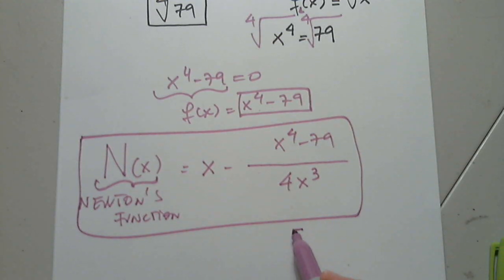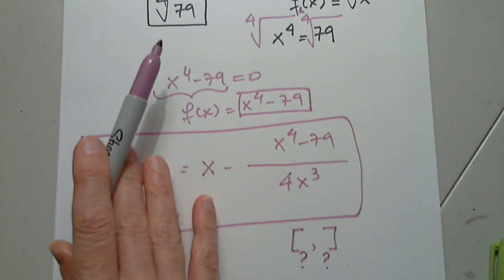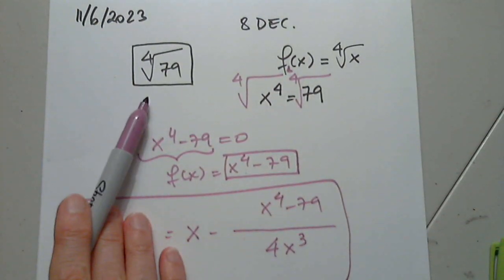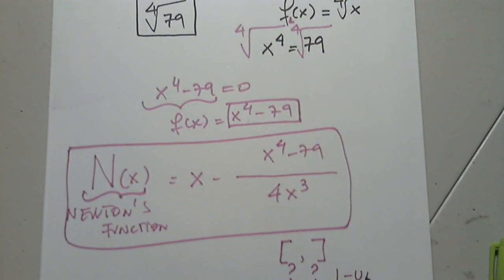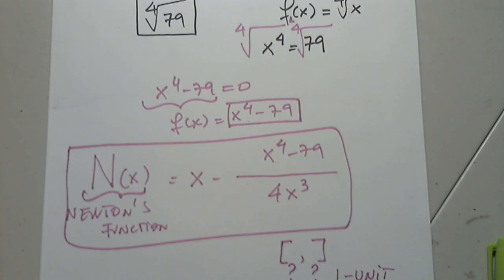And I have to start somewhere. I don't know where. Well, I know it has to be an interval that includes this number. So I know where I'm going, but it has to be a 1-unit interval. So I'm going to share my screen. I'm going to go to the calculator.